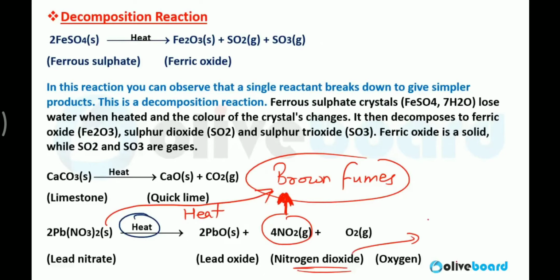Nitrogen dioxide gas is responsible for the brown fumes. Very important for examination. So just remember these things from the decomposition reaction.